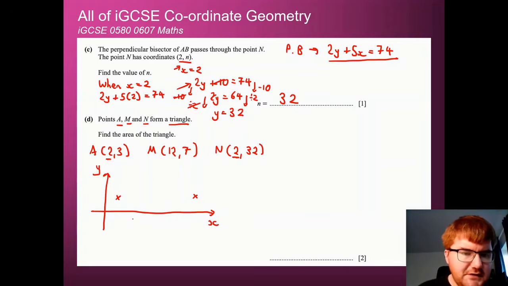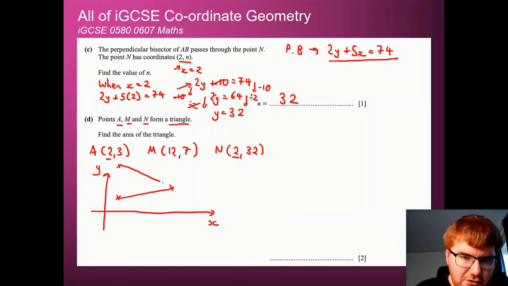So we've got 2, 32, so let's do this again. The x-coordinates are the same, and it's the y that differs. So we've got 32 way up here, and then we've got 12, which is over here, and then 7, which lies closer to this point, but again, it doesn't really matter.